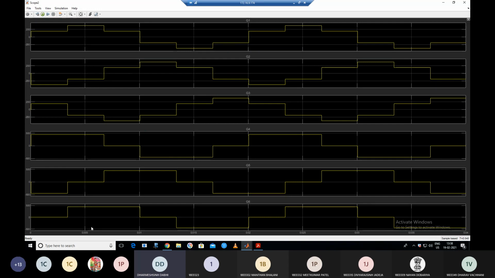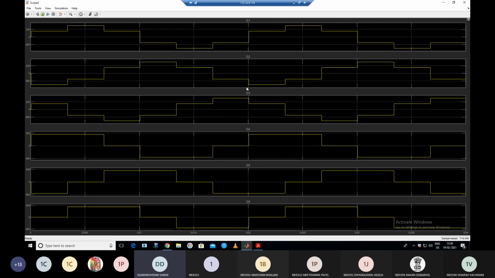See here I show 2 cycles, 0 to 0.02. Here one cycle is completed. Then it is repeated again for the next cycle up to 0.04. So here I show the simulation answer for 2 cycles of output voltage, because I set the simulation time 0.04. It means 40 milliseconds.